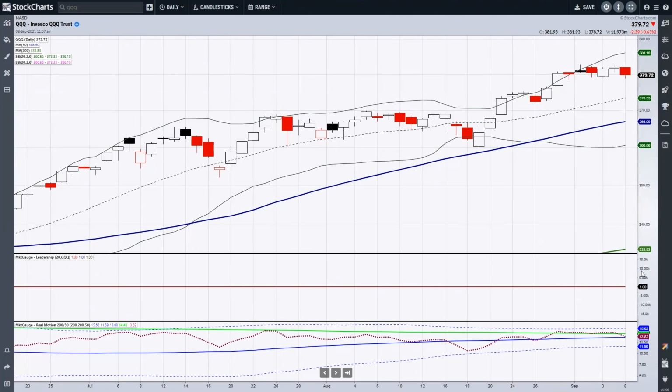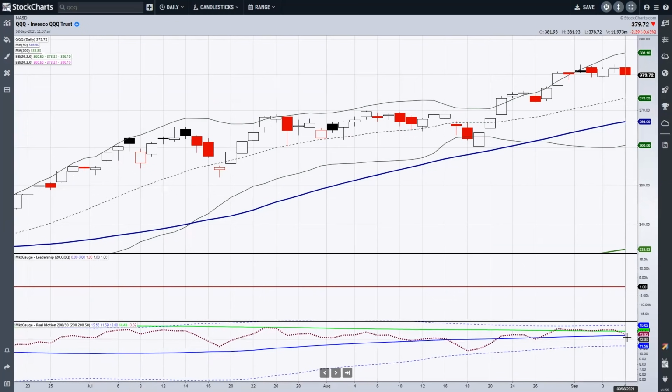In terms of the leadership, well, it's not showing it there, but in terms of the real motion, we're down to the 50 here. And so we're at a critical point momentum wise, and we're probably at a critical point price wise. That 380 has been somewhat pivotal in NASDAQ.